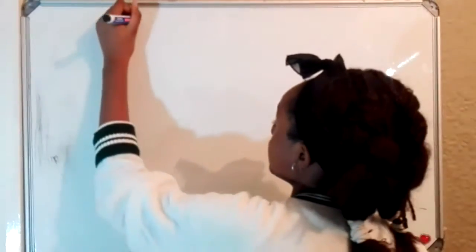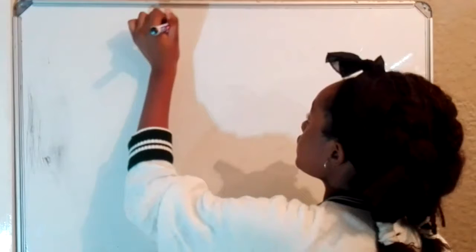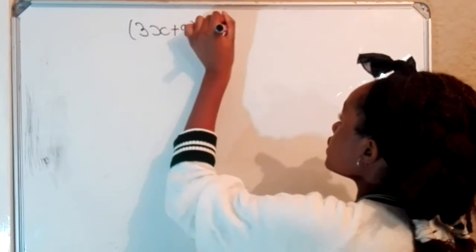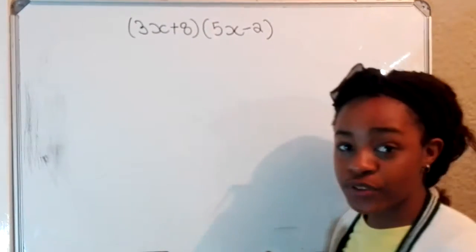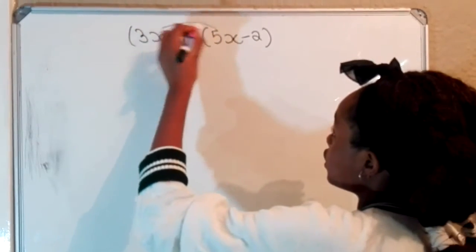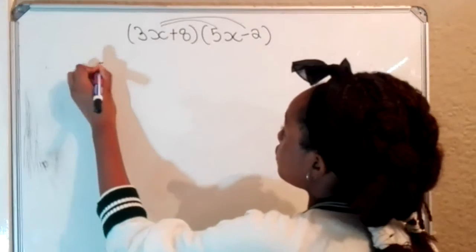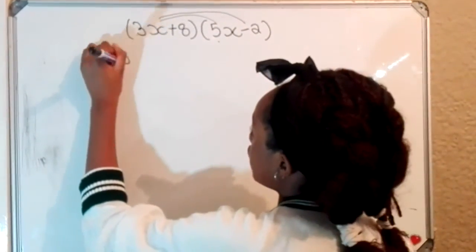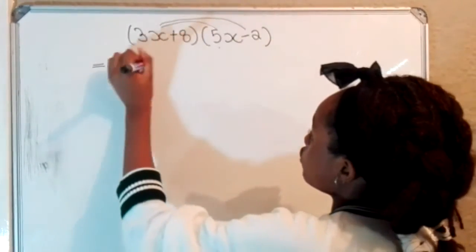Here's another one, similar. Say we have 3x plus 8 in brackets, 5x minus 2. Feel free to pause the video and try this on your own. Again, we're going to distribute 3x to each term. So we have 3x times 5x. 3 times 5 is 15, and we add the exponents, so 1 plus 1 is 2, so we have x squared.